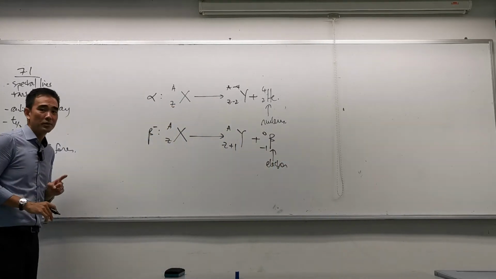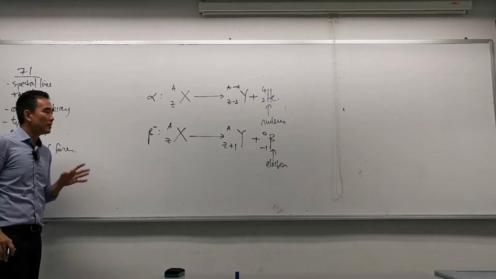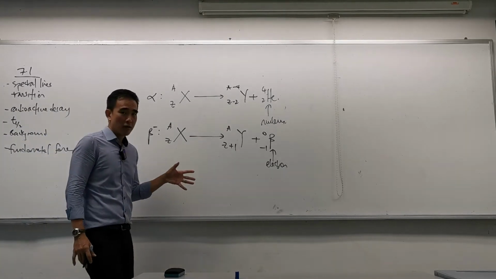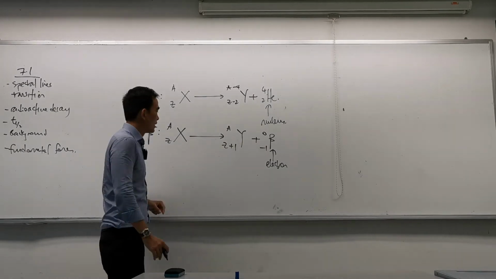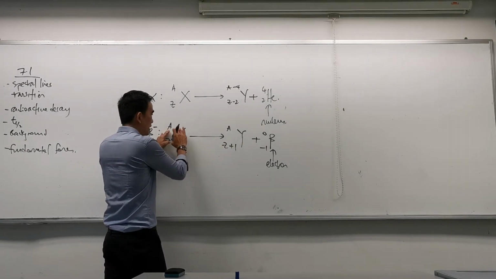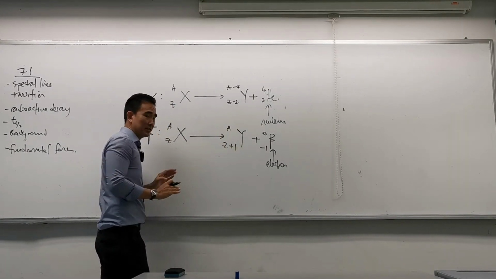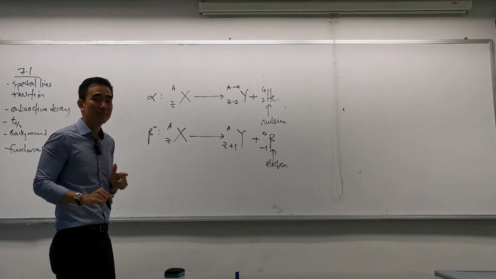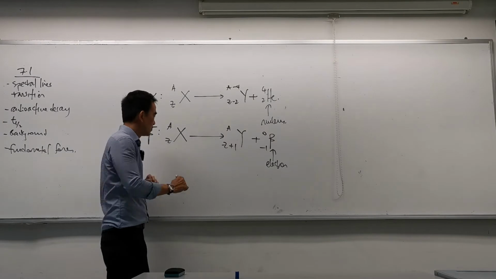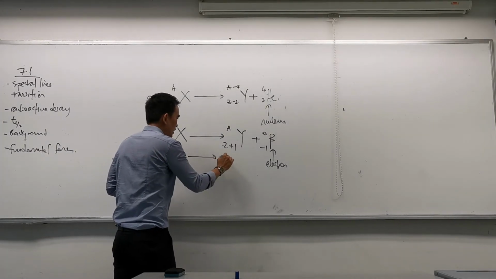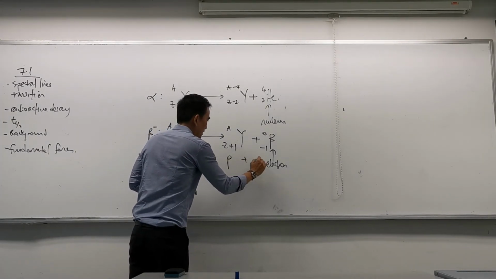But this electron is not from the atom. Again, please be very careful. This electron is from the decay of something inside the nucleus. Now, what exactly decayed to produce this electron? If you compare the A over here, they are the same. Therefore, the total number of neutrons and protons must be the same. However, the proton number increases by 1. So we can deduce that it must be 1 neutron decaying into a proton and an electron.